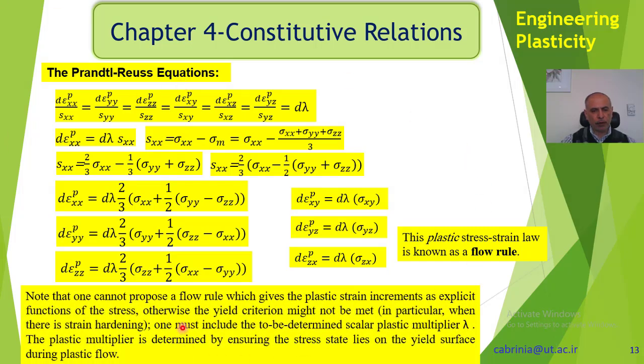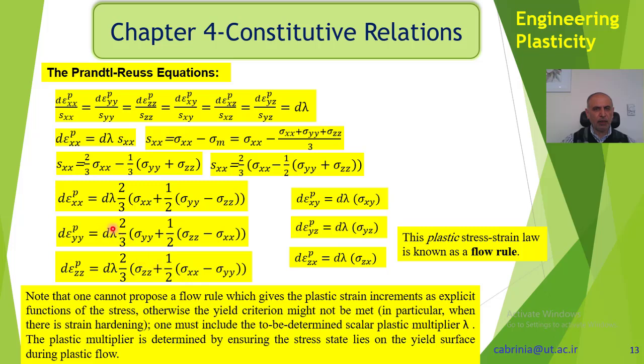And note that one cannot propose a flow rule which gives the plastic strain increment as an explicit function of stress. Obviously, this is not an explicit function. We have this d lambda here, and otherwise the yield criteria might not be met. Why might it not be met?